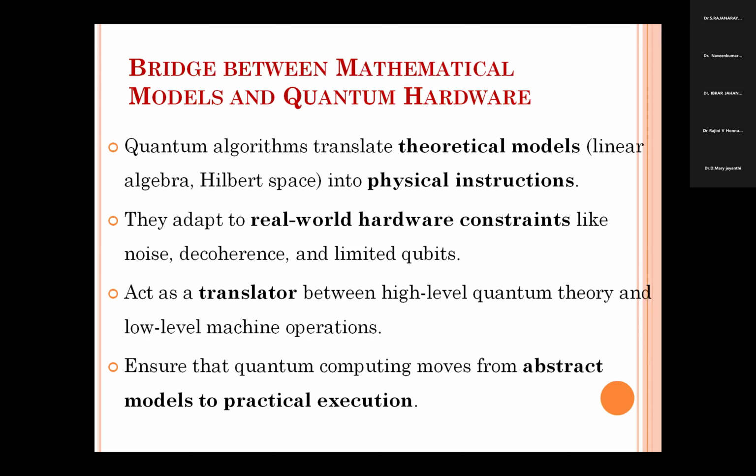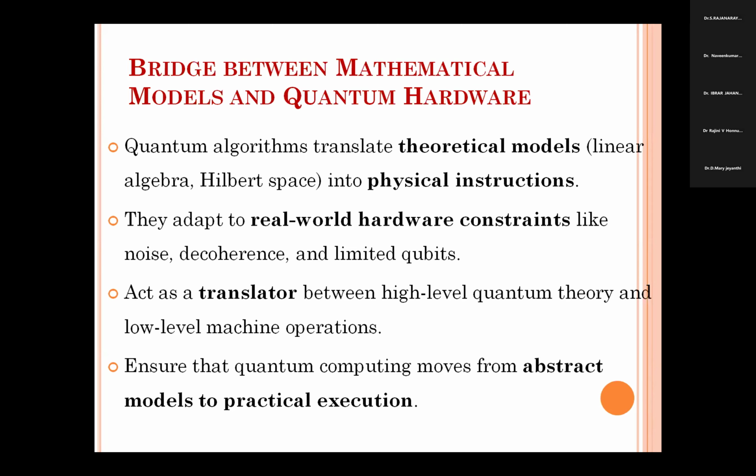Then they act as a translator between high level quantum theory and low level machine operations. That is one kind of hardware: transmitting high level quantum theory and low level machine operations.